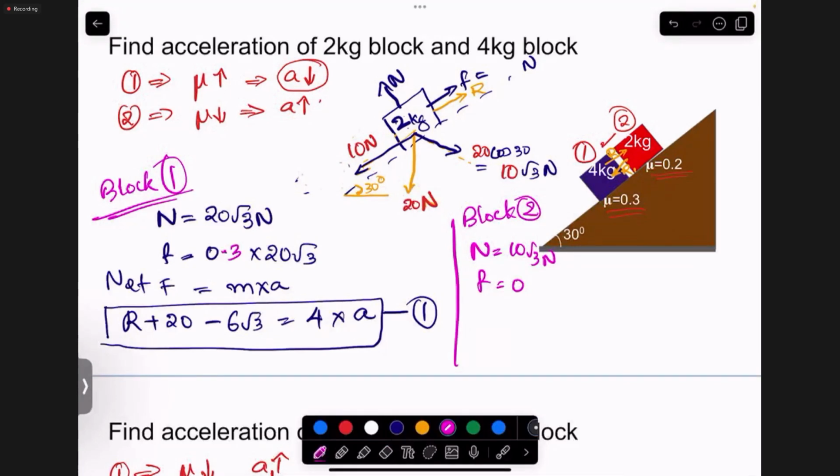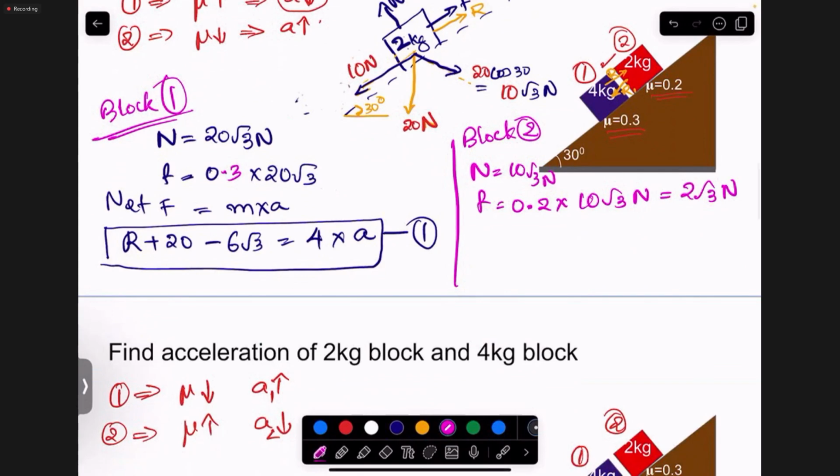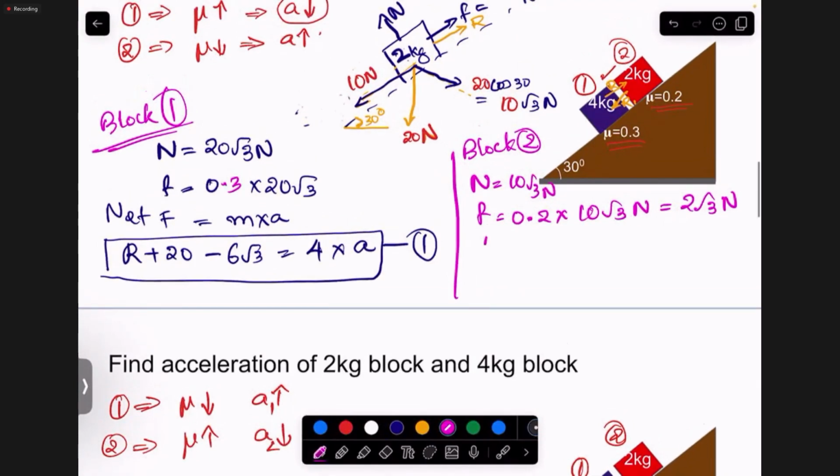So this is 0.2 times 10 root 3 Newton, which is equal to 2 root 3 Newton. Second, net force equal to mass times acceleration. Net force is 10 Newton minus 2 root 3 minus R equal to mass times acceleration. This is equation 2.